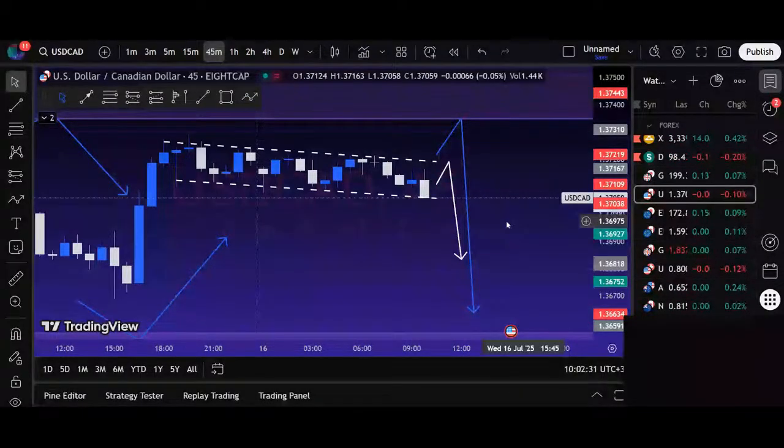That's what I'm expecting. Let price retrace, then you continue selling. Let it break this zone. Let it break that zone.